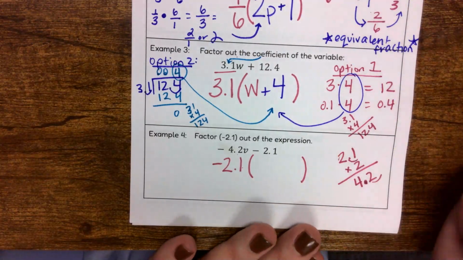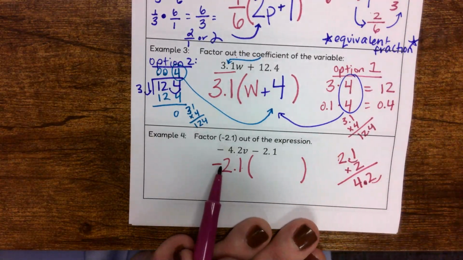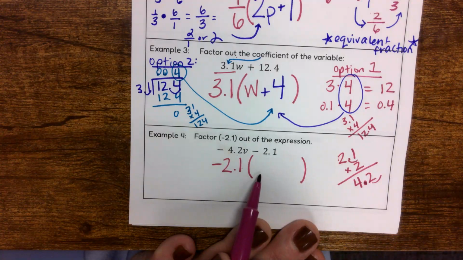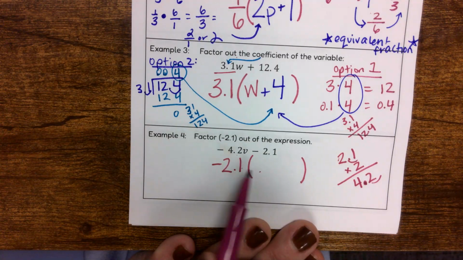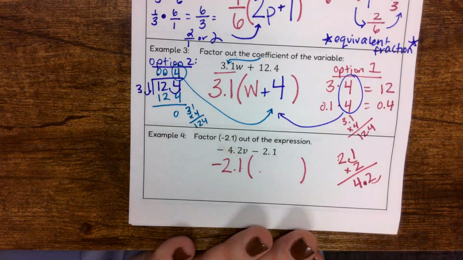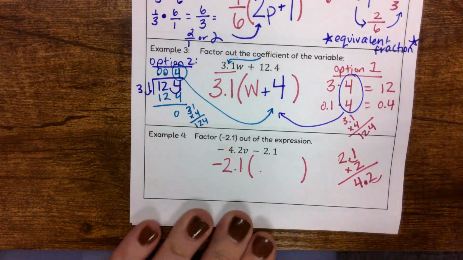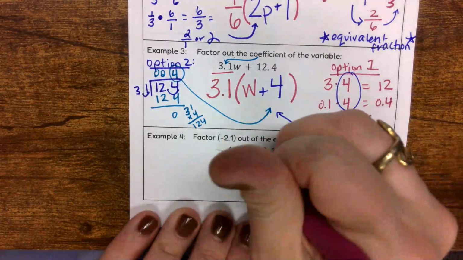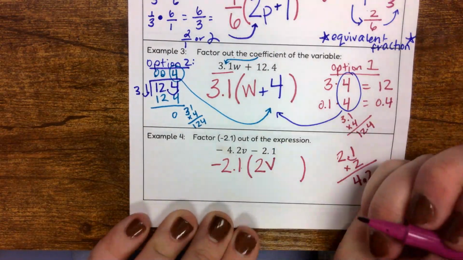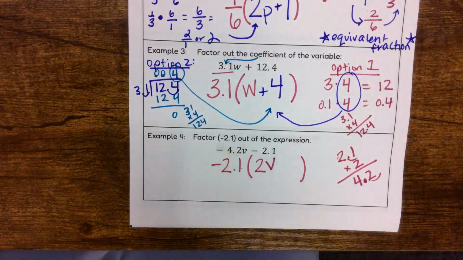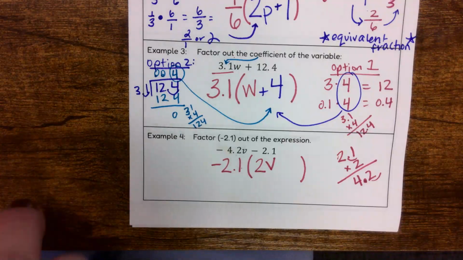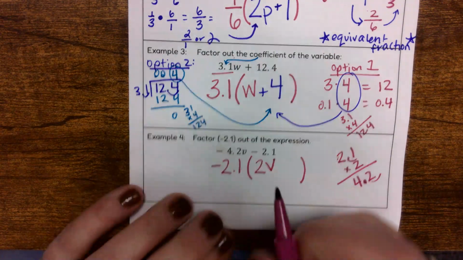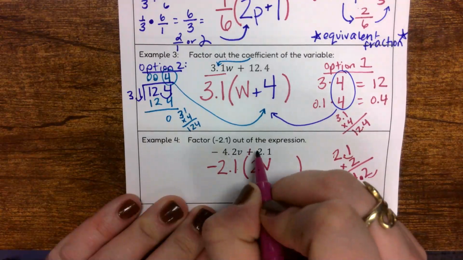Oh, good. Now, remember, it's a negative times a positive. It needs to be a positive in here in order for us to factor out that negative. Okay, so that would be 2v, because it still needs our variable in there. And then this is really, remember, plus a negative.